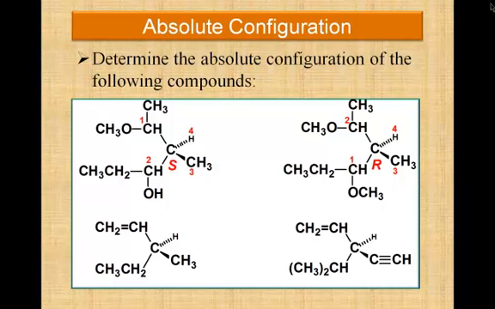Well, let's see how you did. Here are our priorities of our groups. Our ethylene group is going to have a higher priority than the ethyl group. My path goes in the counterclockwise direction, so this is S. In this final example, I'm comparing an ethynyl versus an ethenol versus an isopropyl group.